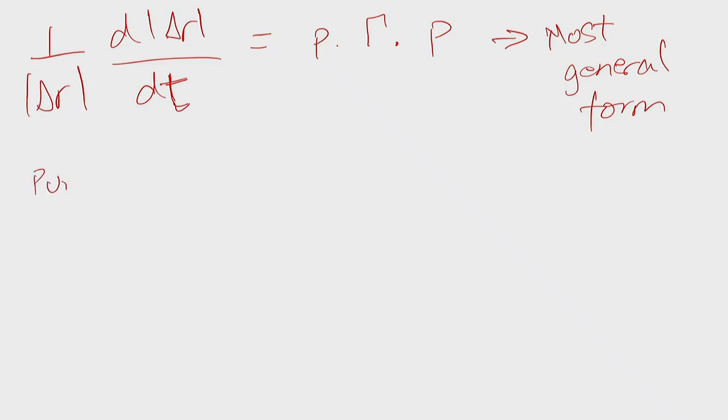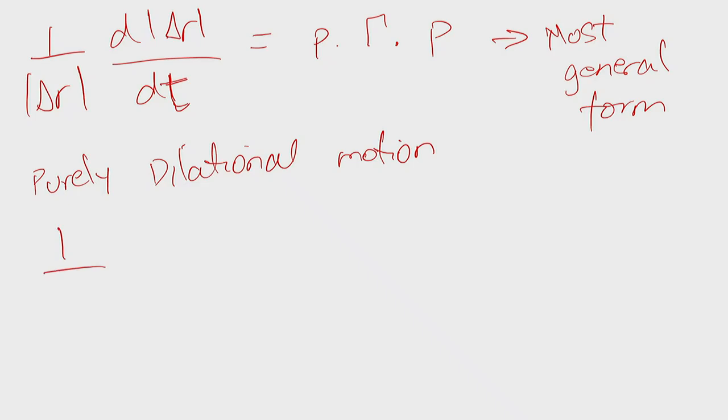And if it's purely dilational motion, and we have 1 over R, the way that we had written it before, dr dt equals 1/3 del dot v.